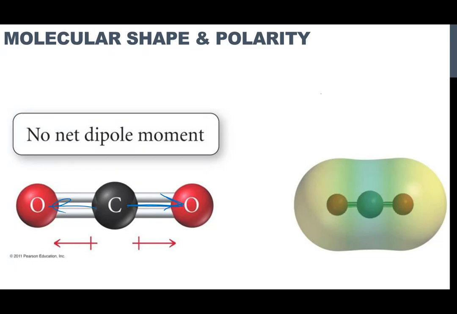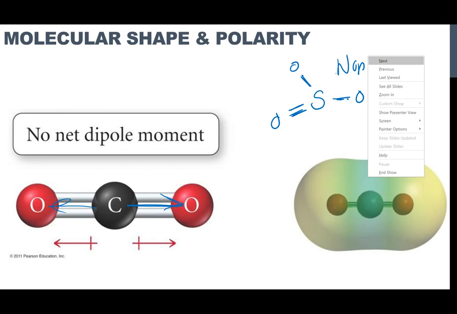So let's say the central atom is something like this. So sulfur with 3 oxygens around it. Okay? Are there, and it's actually going to look like this, are there lone pairs on that central atom? No. So this will always be a non-polar molecule.